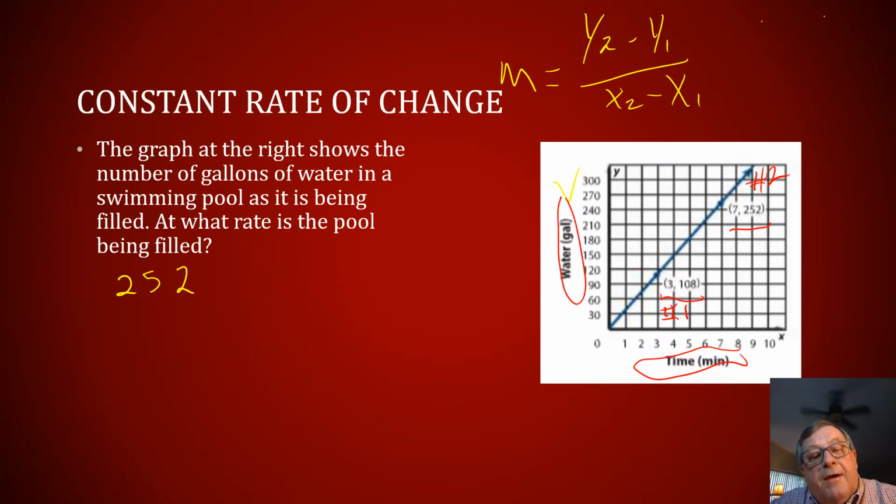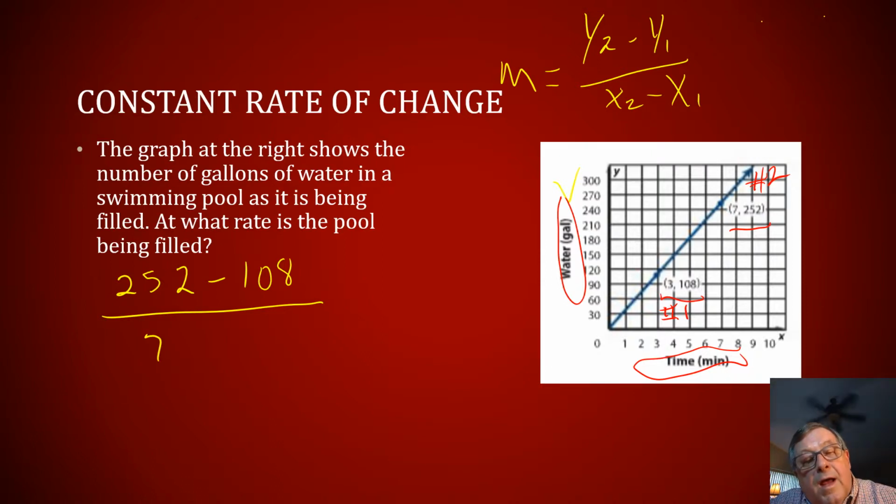And we're going to subtract from that y1, which is 108. Then we divide the difference of those two numbers by x2, which is 7, minus x1, which is 3.